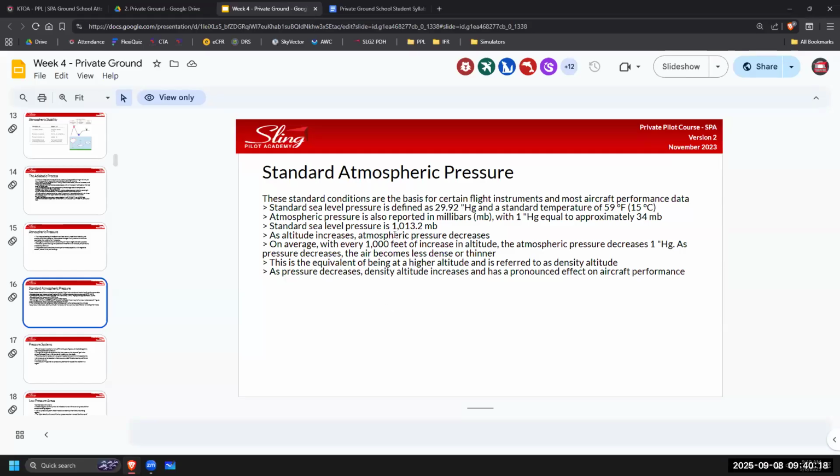And then we already know as altitude increases, atmospheric pressure decreases. Or we should know that already. Because we already talked about the average increase of every 1,000 feet of altitude, you're decreasing about 1 inch of mercury.